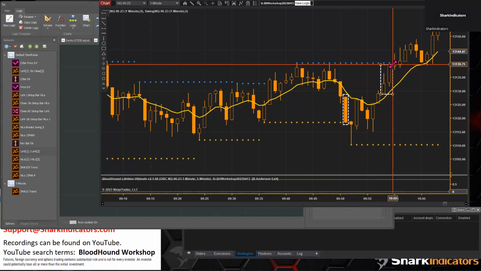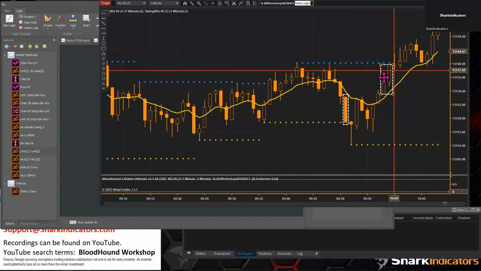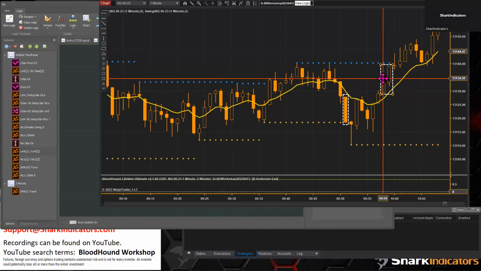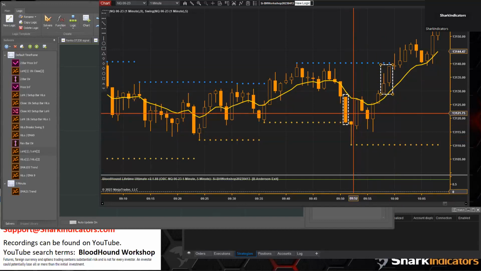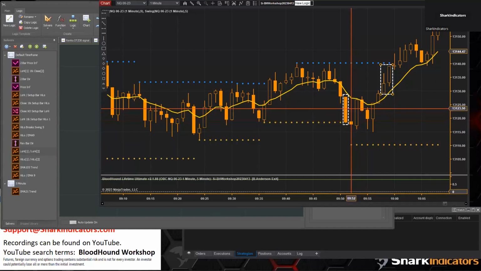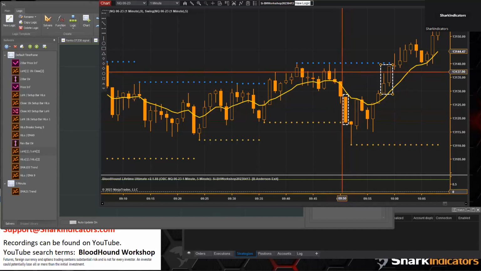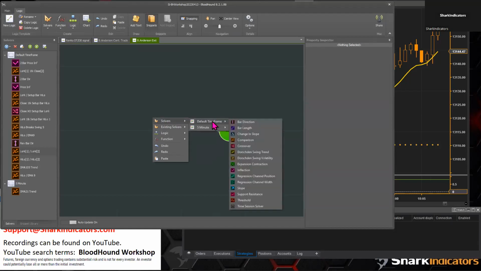Both of these bars, any bar completely above the 9 EMA, would be an exit condition for a short trade setup, and any bar below the 9 EMA would be an exit signal for a long setup. Okay, so to do that, we need a comparison solver.